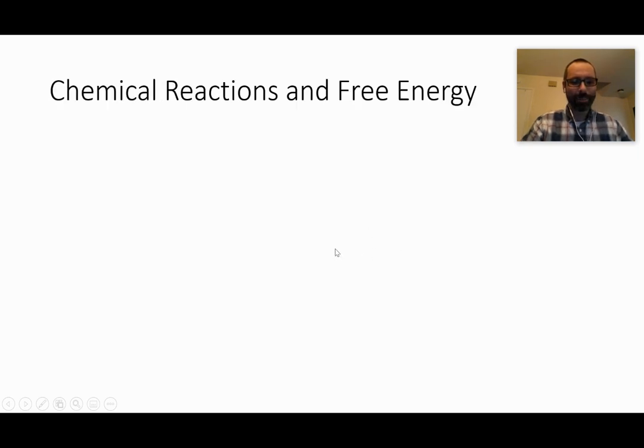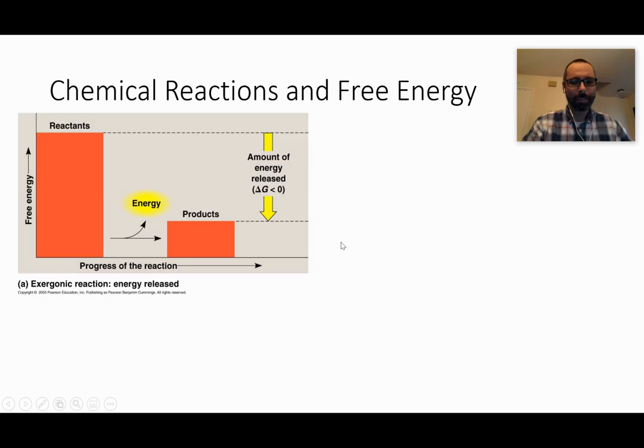So here's the way we're going to look at it quite often, is that we have this kind of graph of a chemical reaction where you have your reactants over on the left, and then you have time on the bottom, and then of course your reactants become products. And so in this particular case, the reactants have more energy in them.